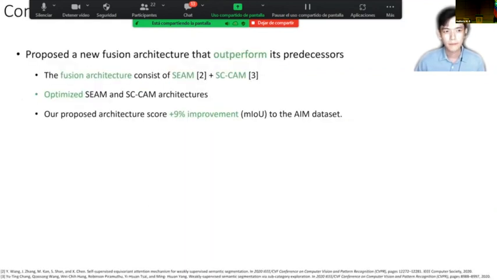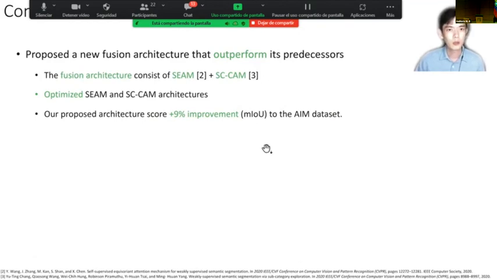And before I dive into the details of our proposed architectures, we would like to briefly mention our contributions. So we propose a new fusion architecture that outperforms its predecessors. And our fusion architecture consists of two different architectures that were also designed to do the same task, to generate pseudo labels for semantic segmentation.